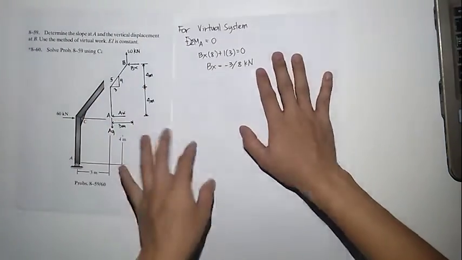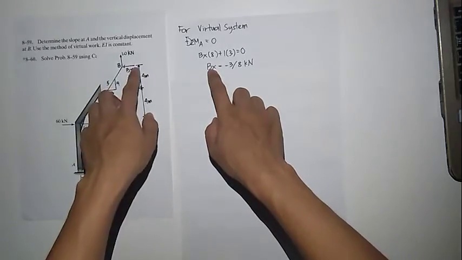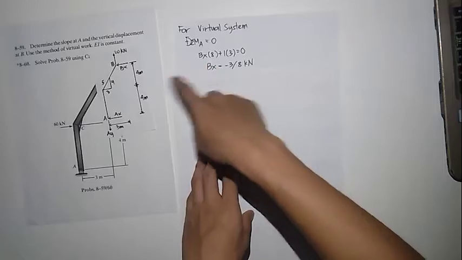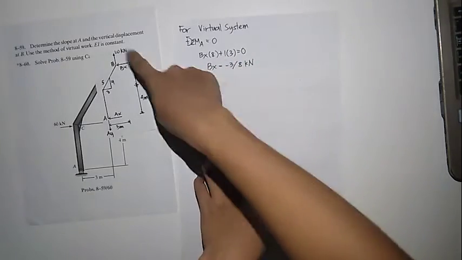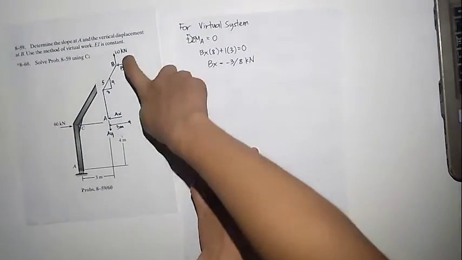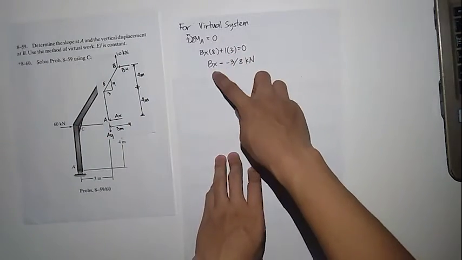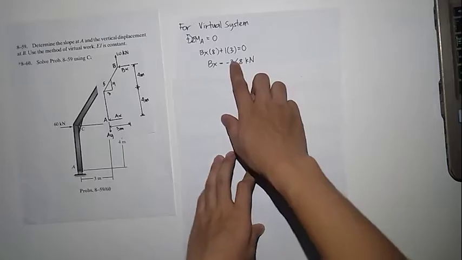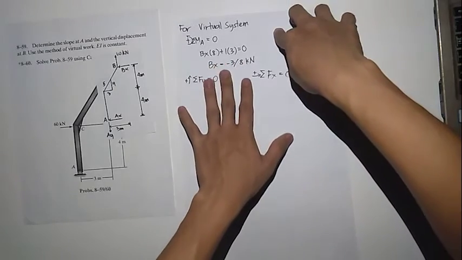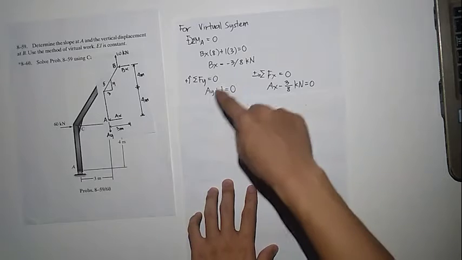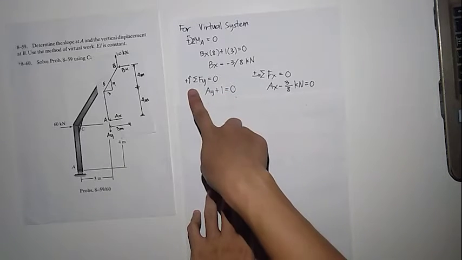Una po ay hahanapin natin ang Bx dito. Mag-moment po tayo at A, where Bx times 8 po ang moment arm, plus 1 kN load times 3 po dito, equals to 0. So, ang Bx po natin ay negative 3 over 8. Sa susunod po ay hahanapin natin ang AY.